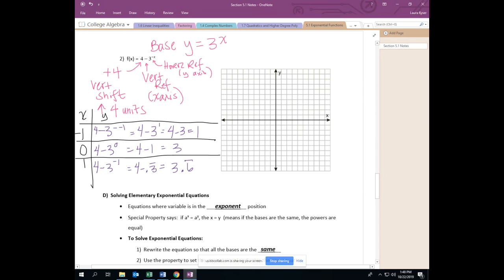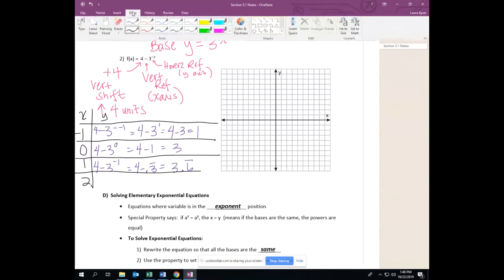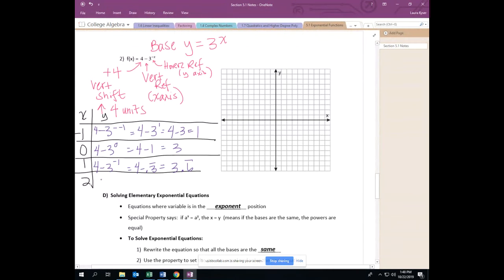Let's add in another one just for fun. And we can go to either end that we want to. I'm just going to do a 2, just to add something in on this side. If you want to go with a -2 just to get something else, that's fine. And you don't even have to do this if you don't want to. I just want to have a better idea. So this is 4 minus 3 to the -2 power.